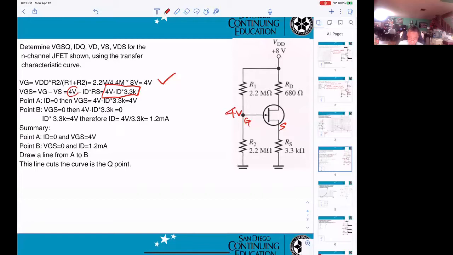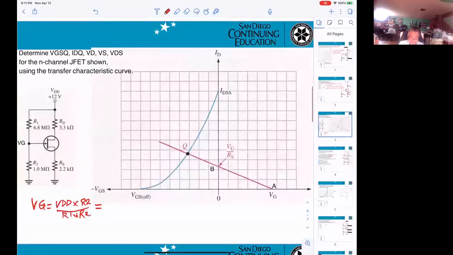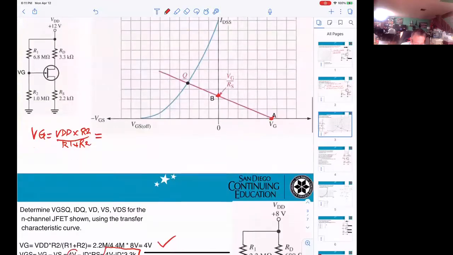For the graphic, you need 2 points. Okay? Point A and point B. Then you can draw the line. Now, how to get point A? For point A, you set ID equal to 0 and substitute into that equation.